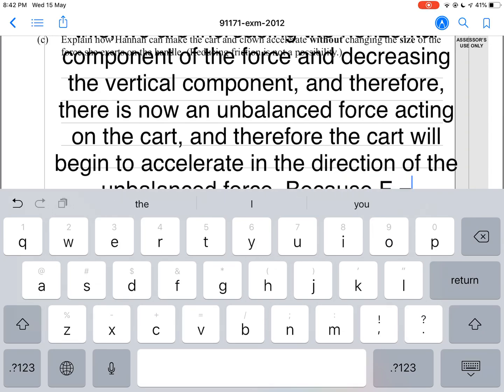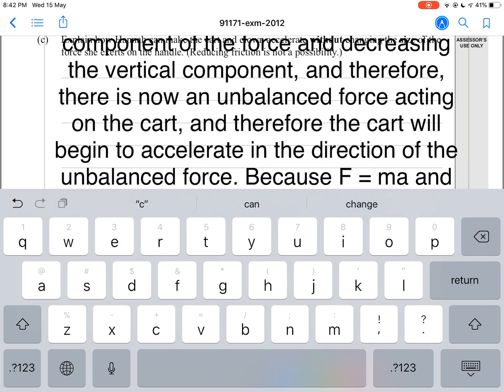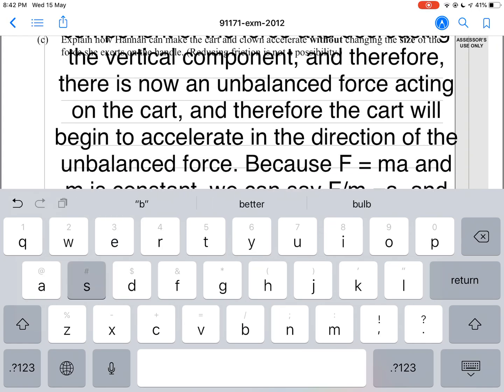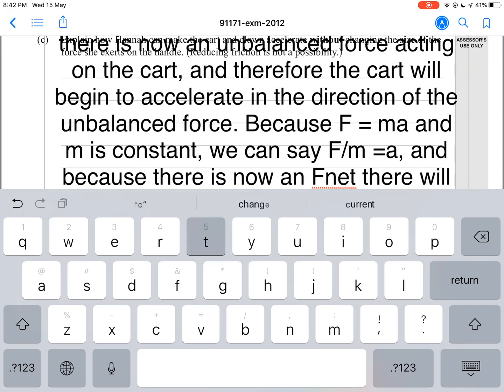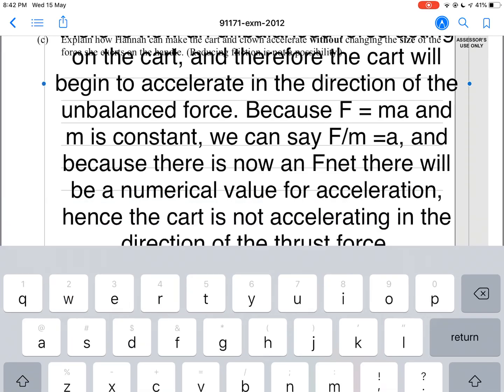Because F equals ma and m is constant, we can say F divided by m equals a, and because there is now an F net, there will be a numerical value for acceleration. Hence, the cart is now accelerating in the direction of the thrust force. Okay, that should be our answer here.